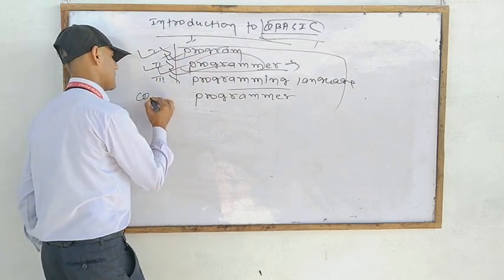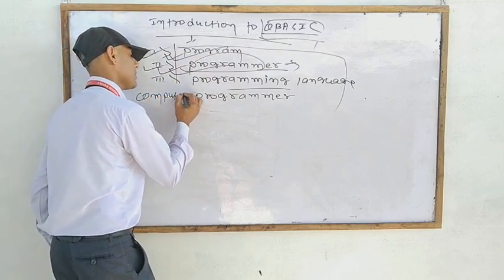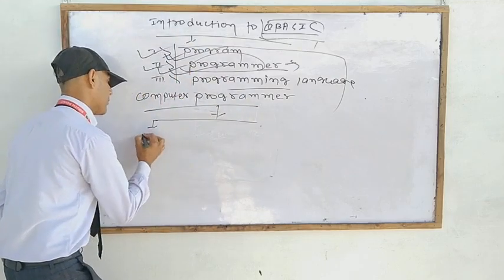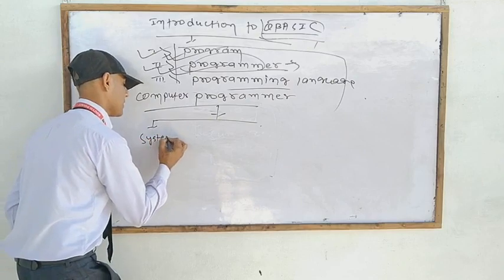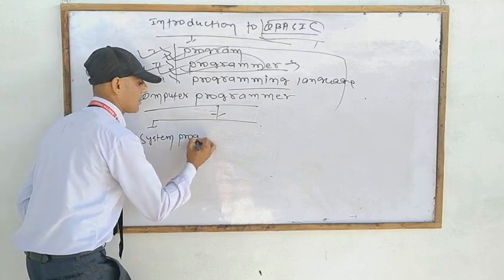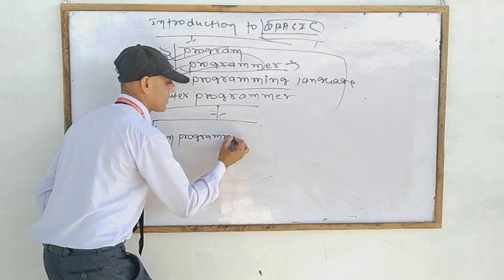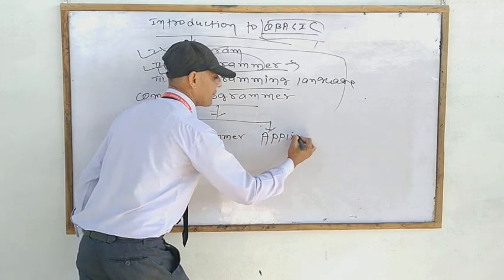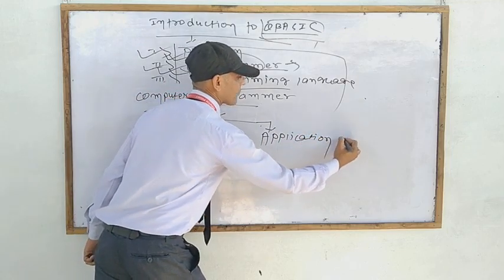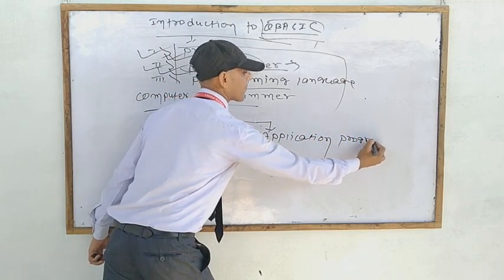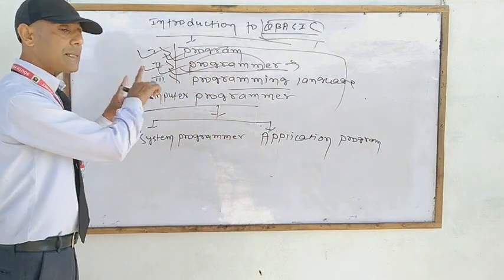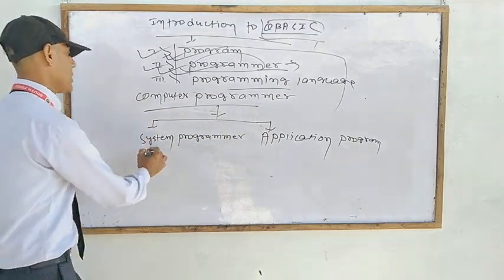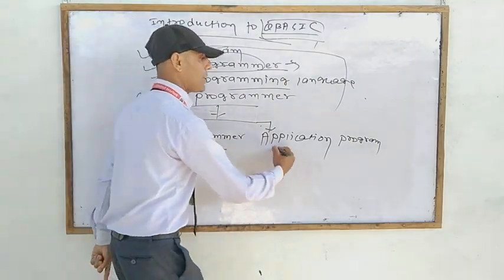A computer programmer can be classified into two categories: one is the system programmer, and the other is the application programmer. Actually, a programmer is the intelligent person who designs the software.